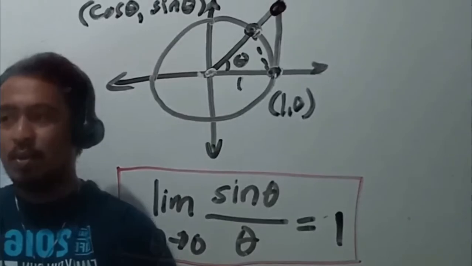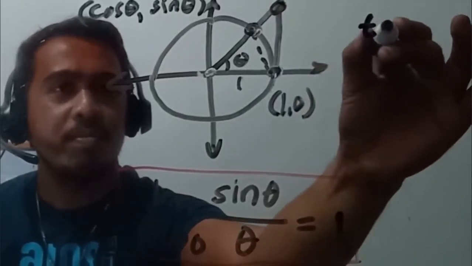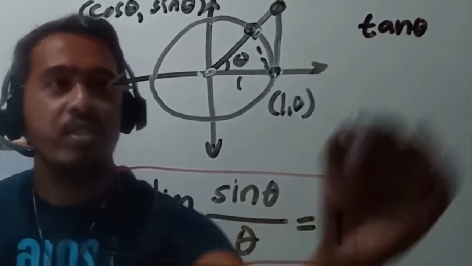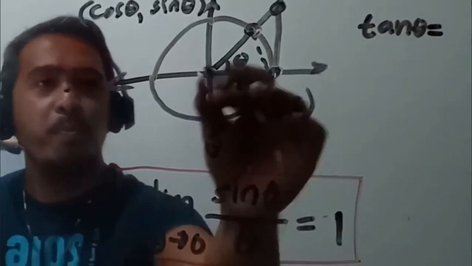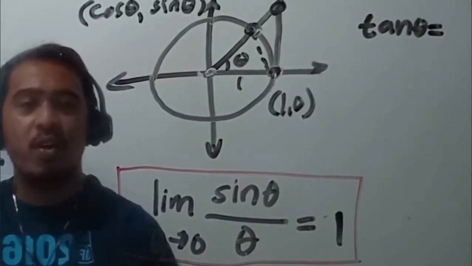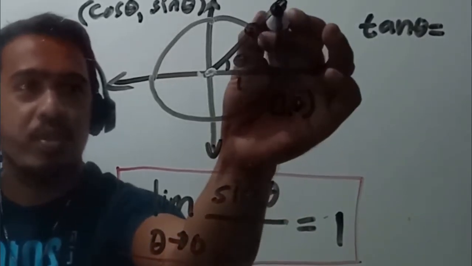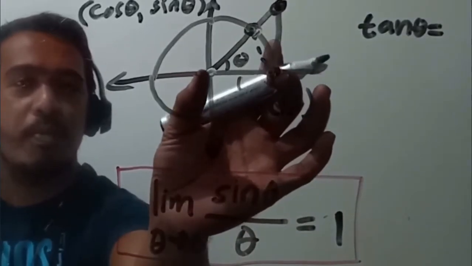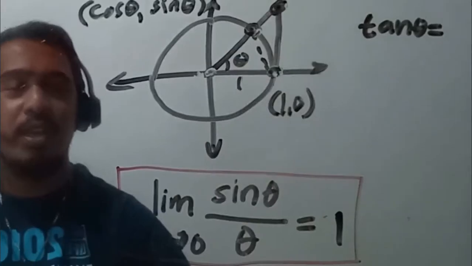What we will be doing is using tangent theta. Why do we use tangent? Tangent is just opposite over the adjacent side. We don't have a problem with the abscissa; our problem is the ordinate.